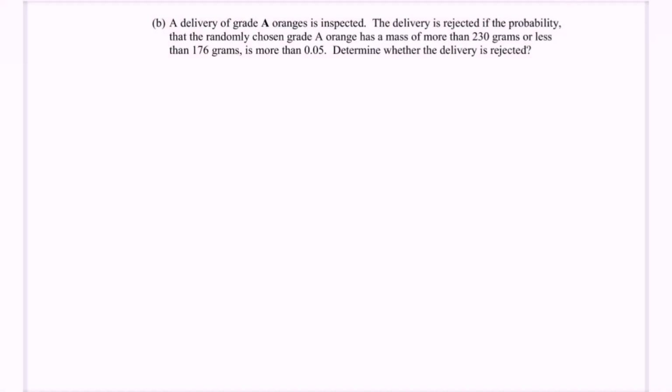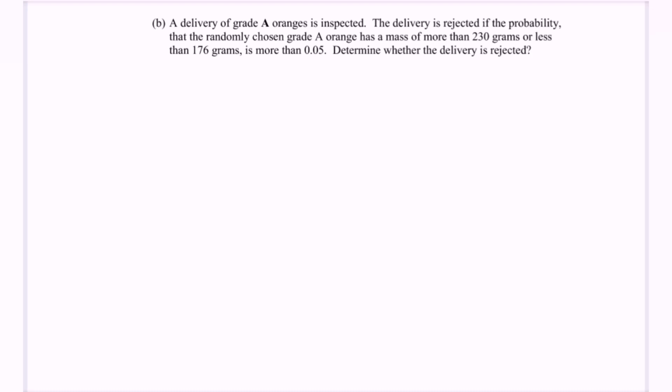Kindly refer to question B. A delivery of grade A oranges is inspected. The delivery is rejected if the probability that a randomly chosen grade A orange has a mass of more than 223 grams or less than 176 grams is more than 0.05. Determine whether the delivery is rejected.